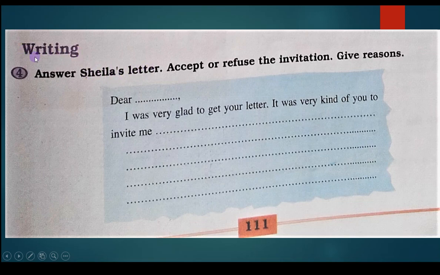Now, accept or refuse the invitation, and we're going to reply to her letter. So, accept or refuse the invitation.